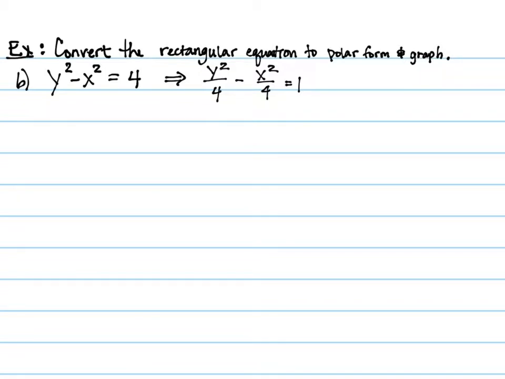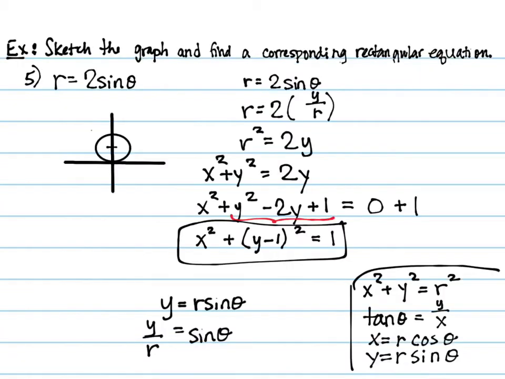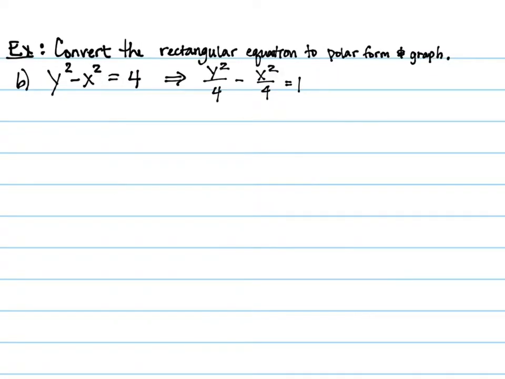What we're wanting to do here, though, is change this equation with our x's and y's into r's and thetas. So I need to know what is y and what is x, and I need to do some replacements. So what does y equal? r sine theta. So this is r sine theta squared. What does x equal?